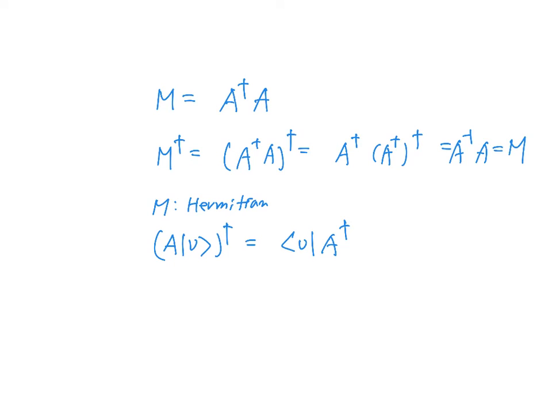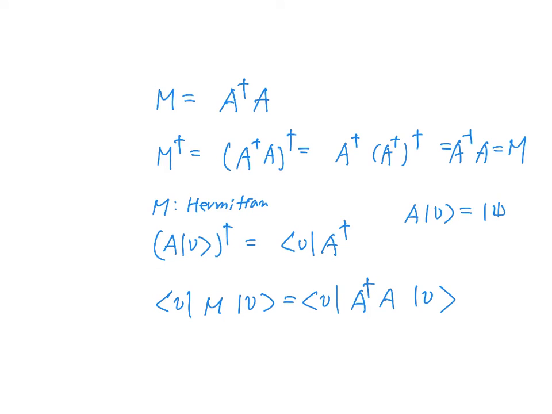So for any vector phi, the inner product of phi with M phi is the inner product of A phi with A phi. Say A phi is some psi vector, then this is psi with psi, which is always positive.